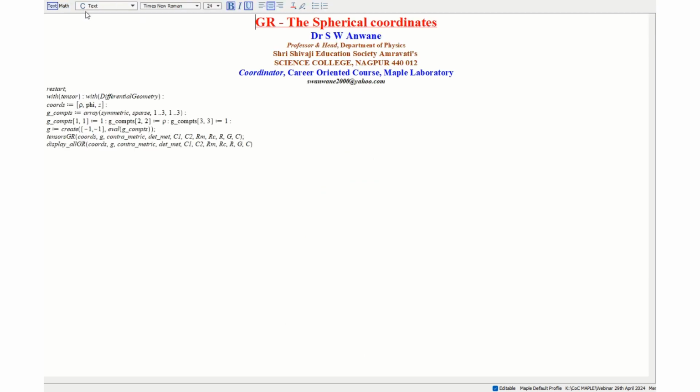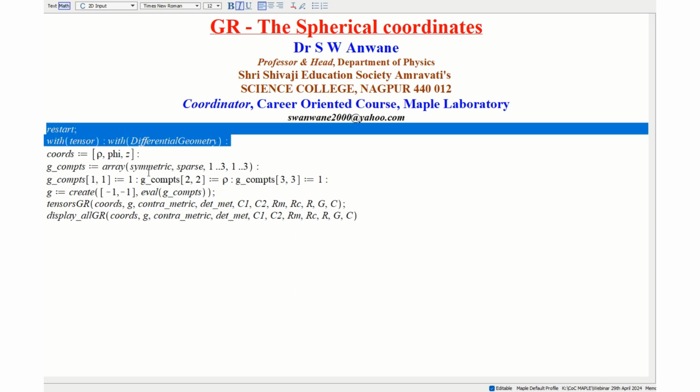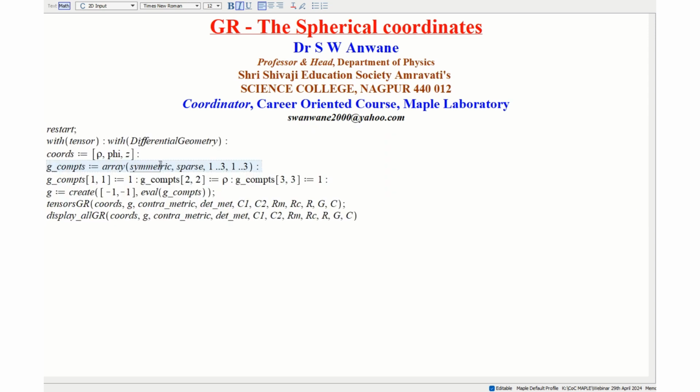Now we shall go for another file regarding spherical coordinates. For this I am going to run the worksheet that is already prepared. You can see only these commands I have entered. You can pause the video and take a screenshot to note down the commands that you can use independently.